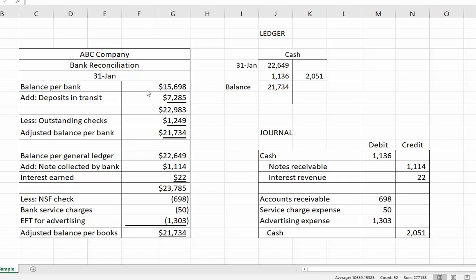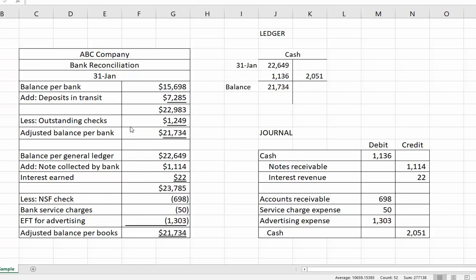All right, however, your general ledger says you have $20,649. So our goal here is to make sure that when we take into account all the things that the two entities know and don't know, we're going to hopefully come down to the same number.